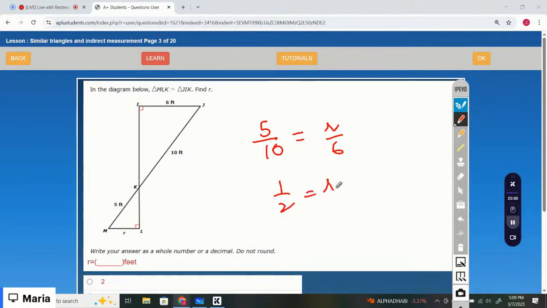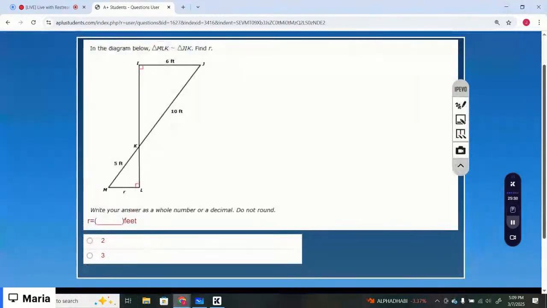That is 1 over 2 equals R over 6. So 2 times R equals 6, R equals 3. The correct option is R equals 3. Option number 2 is the correct option.